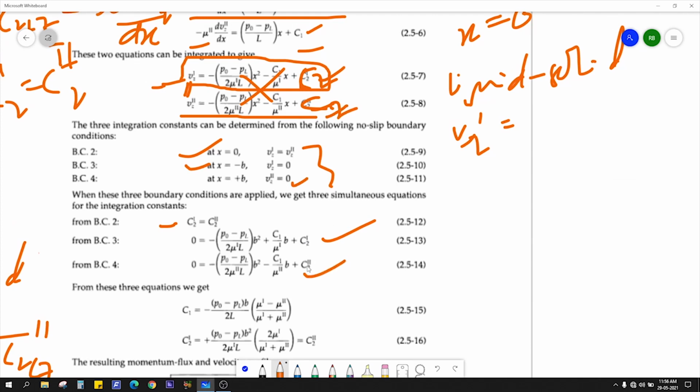So you have two unknowns, C1 and C2, and two equations. You can solve them simultaneously to get the values of C1 and C2. C2 for both the cases is equal, and C1 is equal for both the cases.